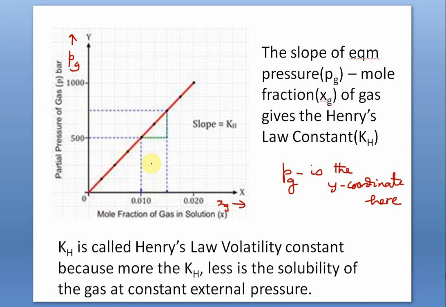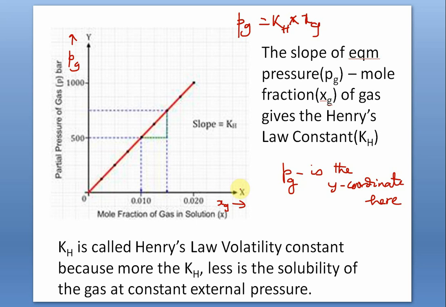And the slope is nothing because Pg is equal to Kh into Xg. So undoubtedly the slope is nothing but equal to the Henry law constant. So Henry law constant is determined from the slope of the graph between the equilibrium partial pressure of a gas and its mole fraction.